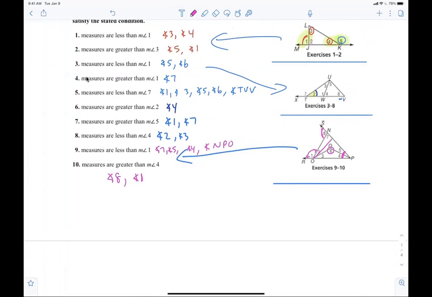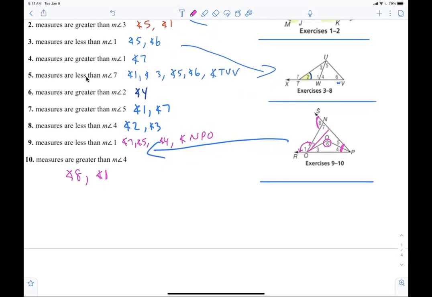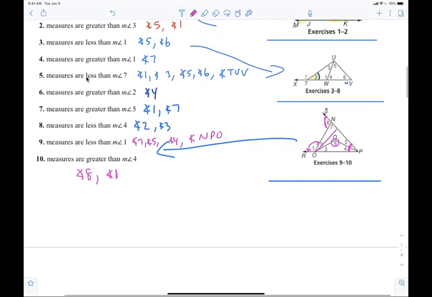Number 7. What's wrong with that one? So this is angle 5, right? So what's an exterior angle to that?